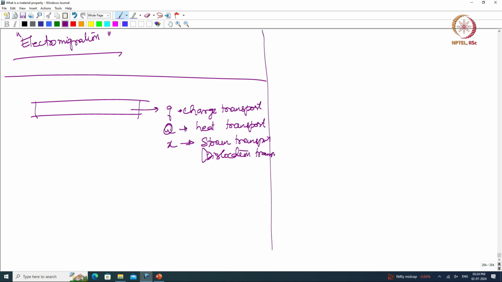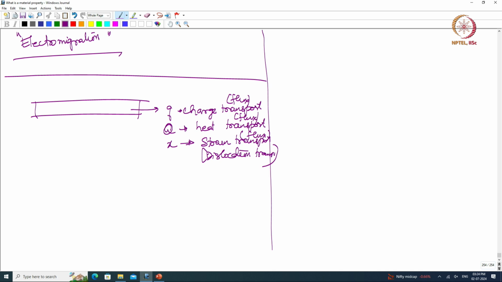Strain rates we said is nothing but dislocation transport. Okay. So, our charge flux, heat flux and strain flux or dislocations, right. So, in my problem, but when I say strain flux, so you know that you have to go into that regime where dislocation number is conserved, right.